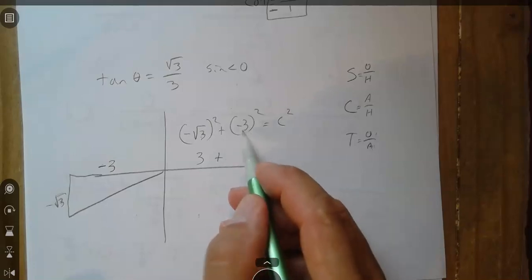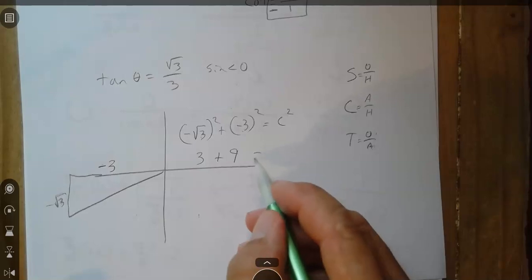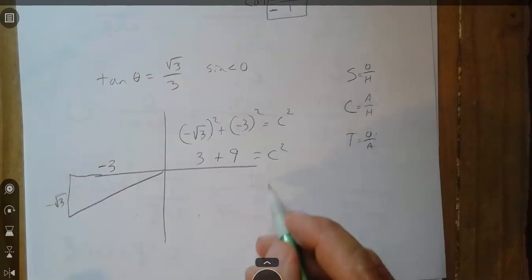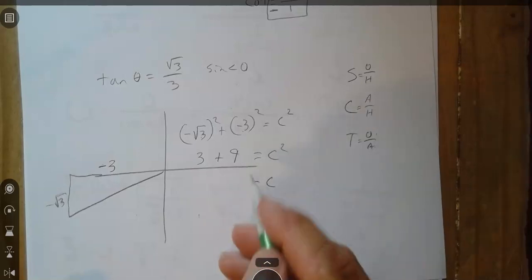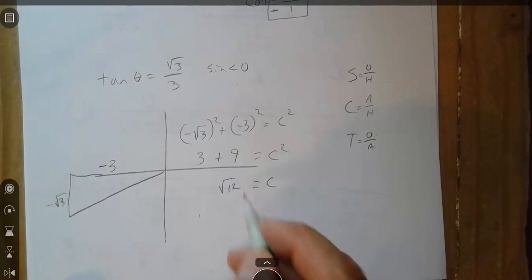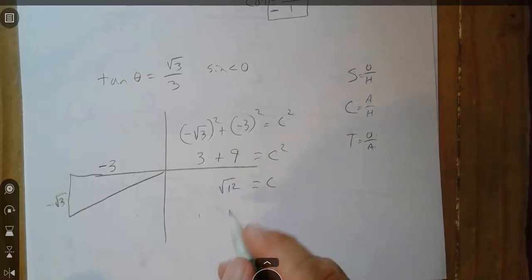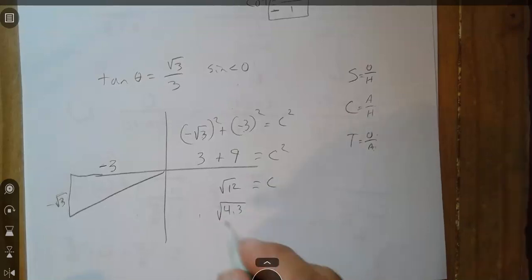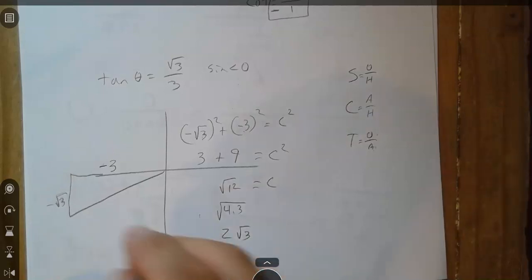And this will be a negative times a negative, so that'll be 9. And so then this will be c squared. So c is going to equal the square root of 12. Well, that becomes the square root of 4 times 3. Square root of 4 becomes 2, so we have 2 root 3. So my hypotenuse would be 2 root 3, and it's always positive.